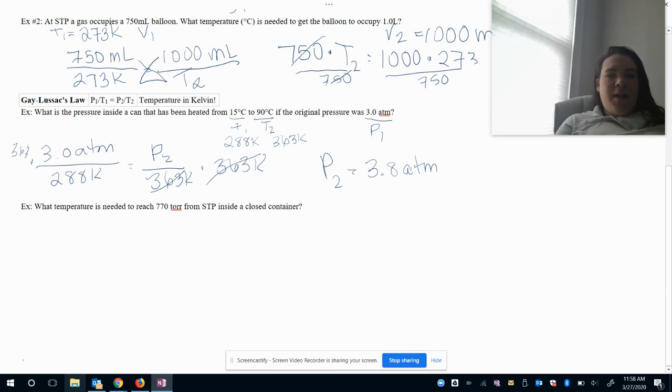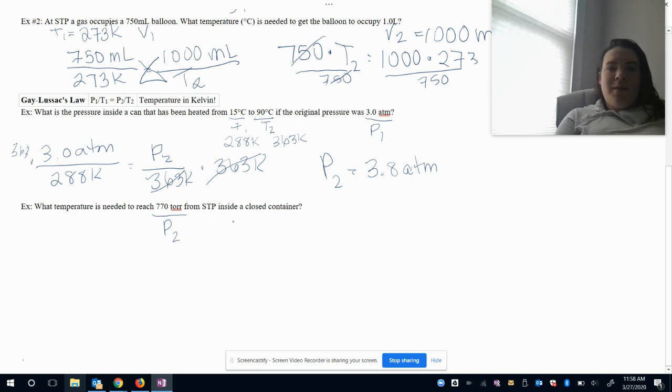All right, and then our last one, we have one number, but we've got STP. This time we're going to use that for both pressure and temperature. So for this one, we'll call this P2. Our pressure should match the units that we had on the other side, which is torr.